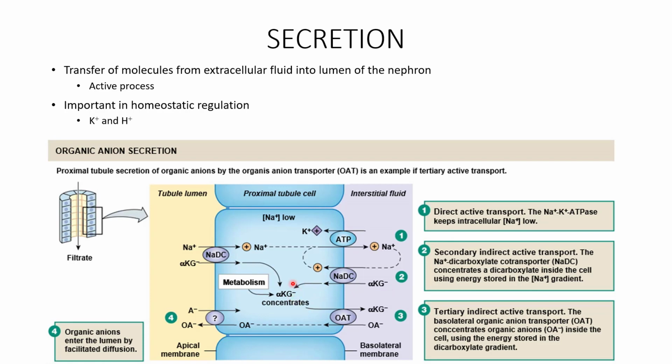That dicarboxylate then gets utilized to bring in the organic anions, and those organic ions will then get secreted into the lumen. Don't worry about all of these transporters. I'm not going to test over this. What I want you to know is that in secretion, it's generally an active process. We utilize either hydrogen or potassium, and what we're usually secreting the most of is going to be organic anions.